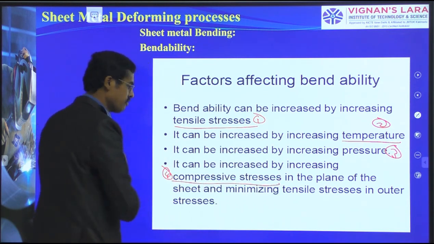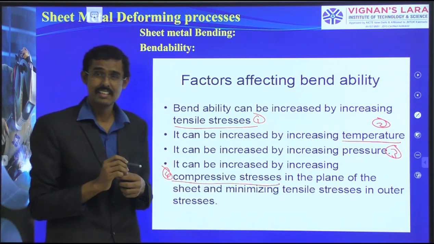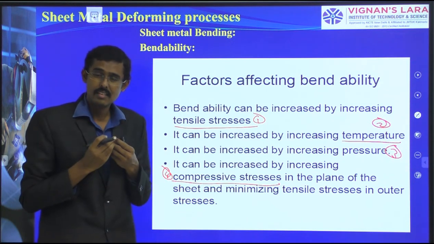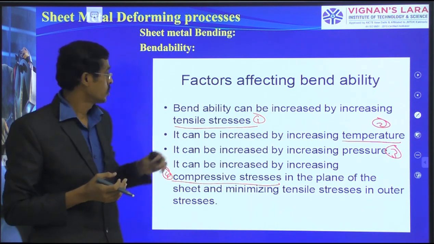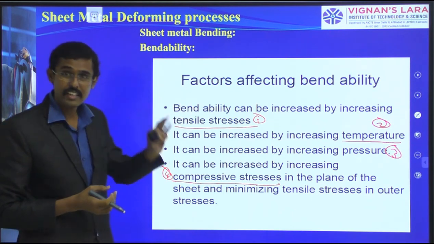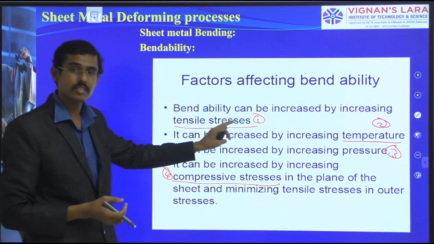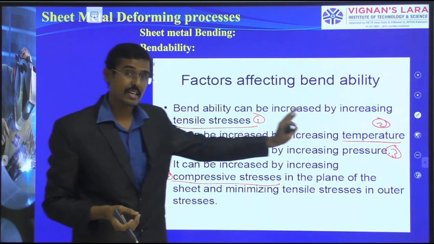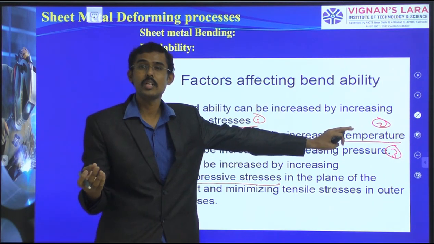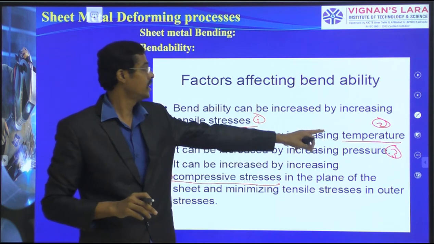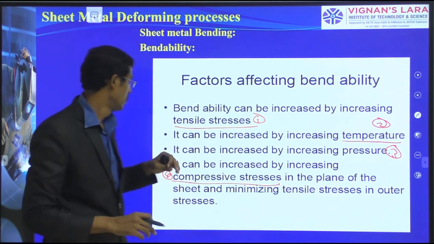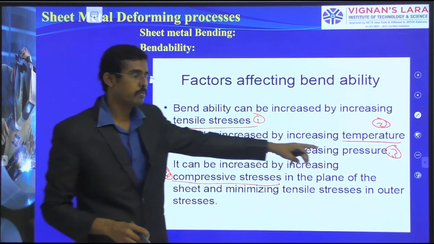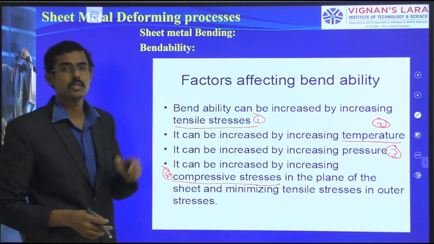So these are the various factors we should consider to get a proper bendability property. So it may be affected by the tensile stresses. It may be affected by the temperature also. In welding, we are doing the operations at high temperature only. Then it is going to affect this bendability property. You should note this. And then it can be increased by the pressures and also by the compressive stresses.